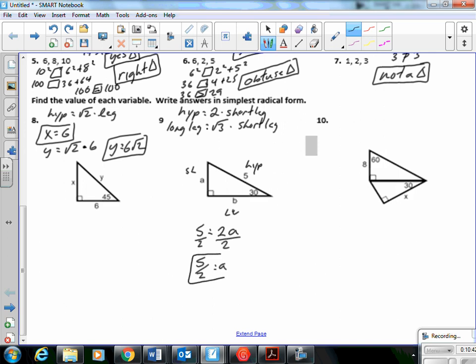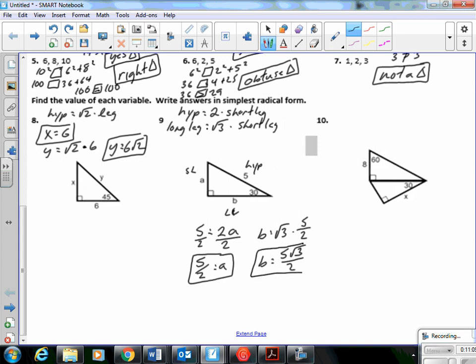And our A value is going to be 5/2. And then the long leg, B, should be equal to the square root of 3 times the short leg, or the square root of 3 times 5/2. So B would be 5 square roots of 3 over 2.